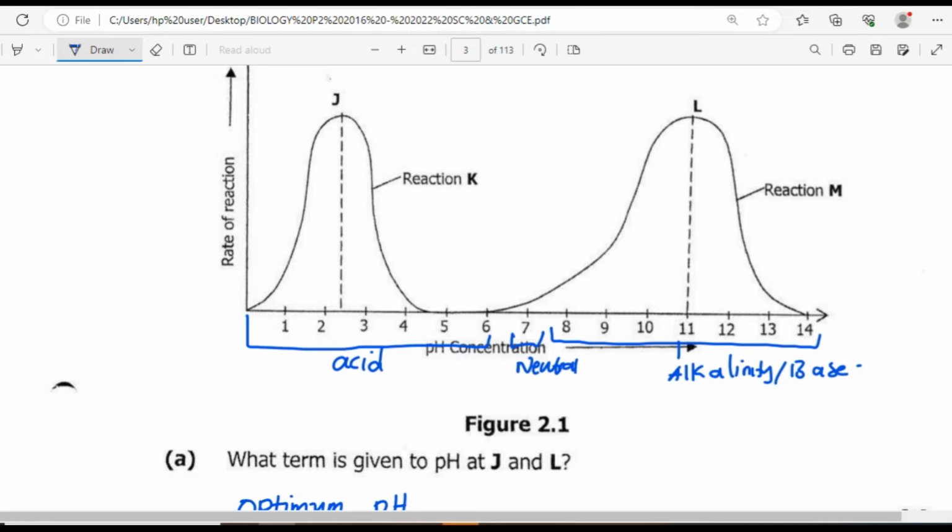At this point here, the speed of reaction is increasing at a normal rate, or at the best rate. Then at this point here, the reaction is at its best.